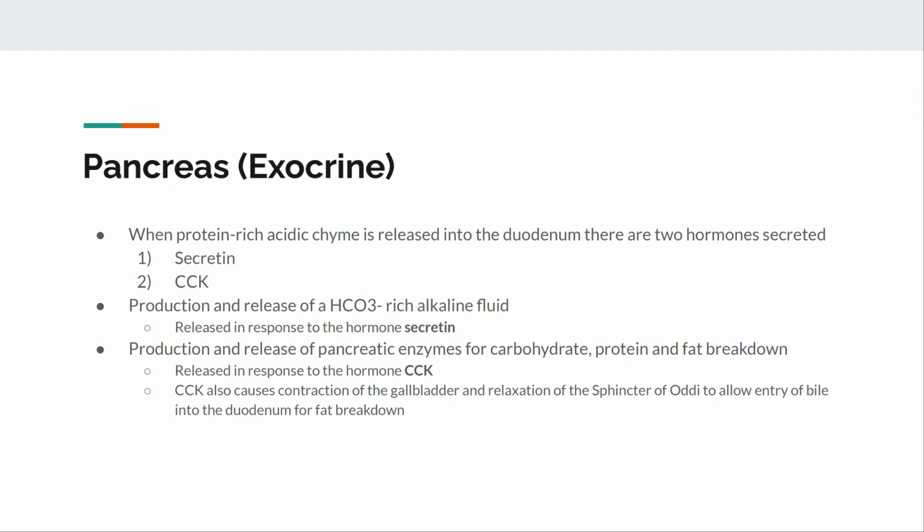At the same time, cholecystokinin promotes contraction of the gallbladder and relaxation of the sphincter of Oddi to allow the entry of bile into the duodenum to aid in emulsification of fat to allow you to break down fat.